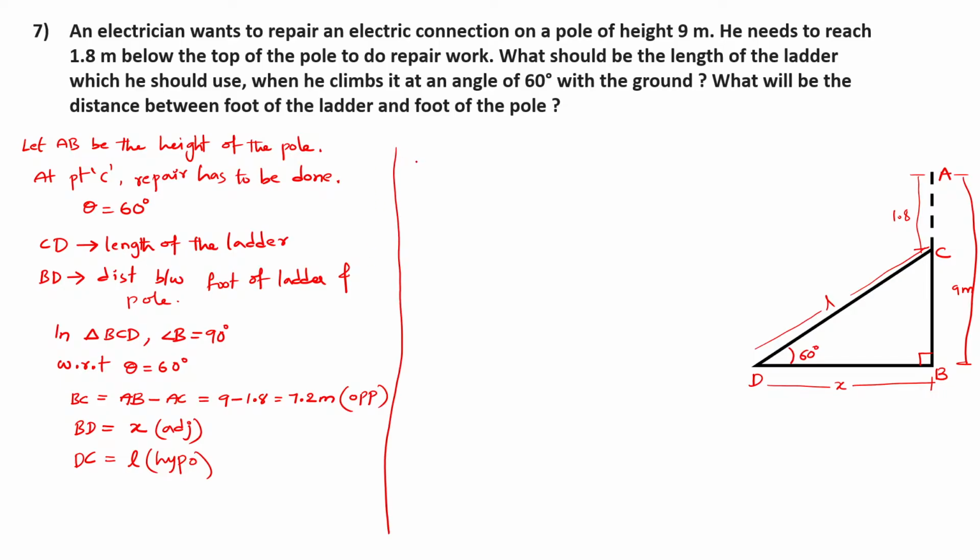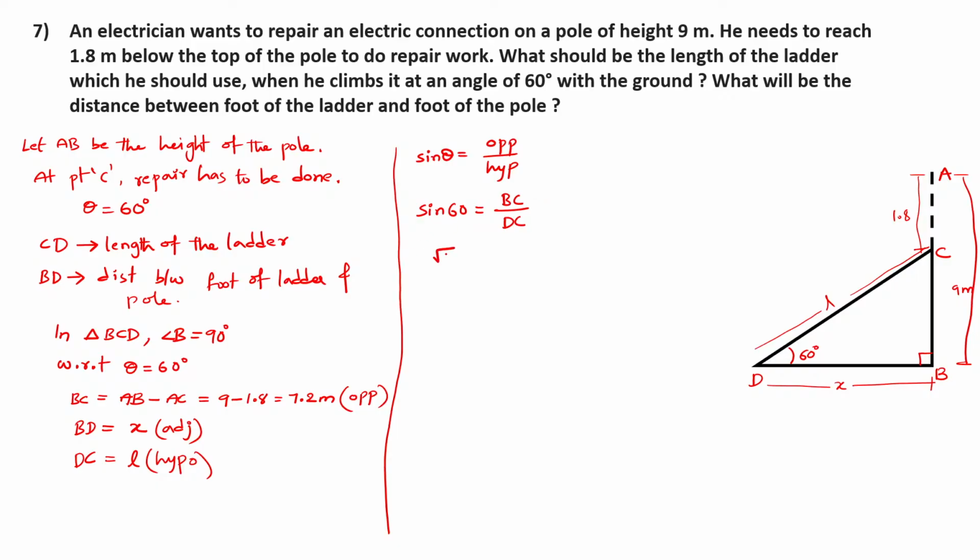So first ratio, we take sine theta. Sine theta is equal to opposite side by hypotenuse. Sine theta, in the sense sine 60 degrees, is equal to opposite side BC by hypotenuse DC.